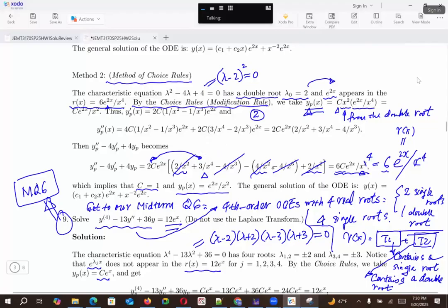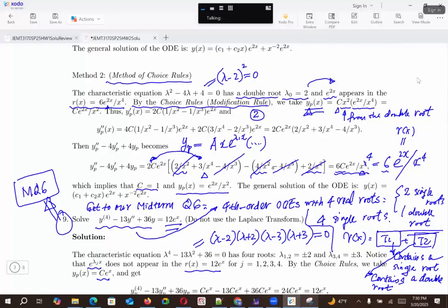Not necessarily always C. If you use A, for example, YP, A times, because it's a single root, you need to multiply x, right? E to the lambda 1x. That's the single root structure. If there are other things, sine, cosine, you may need to include them.